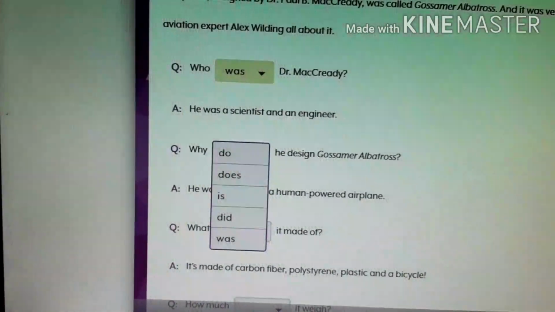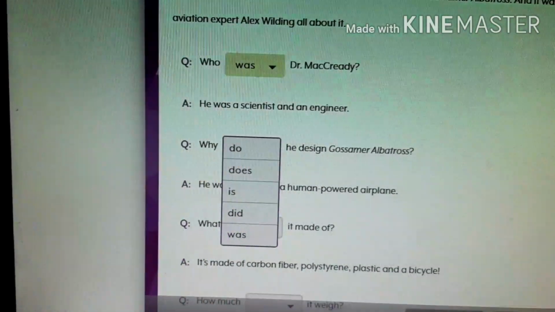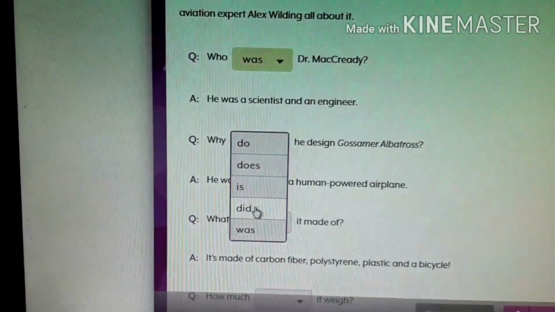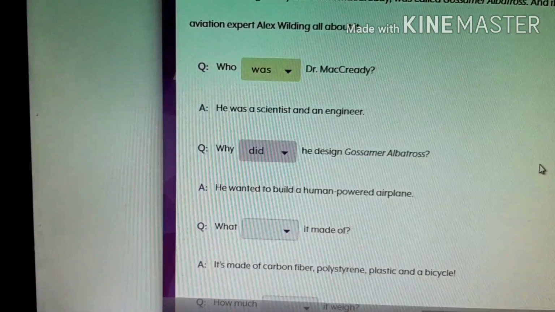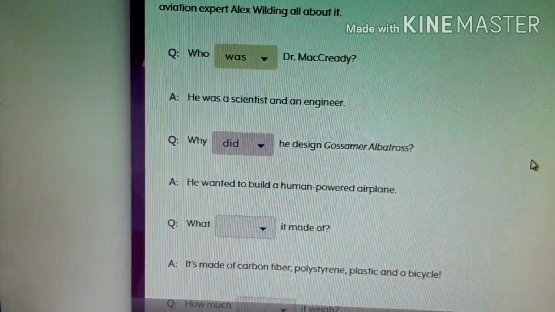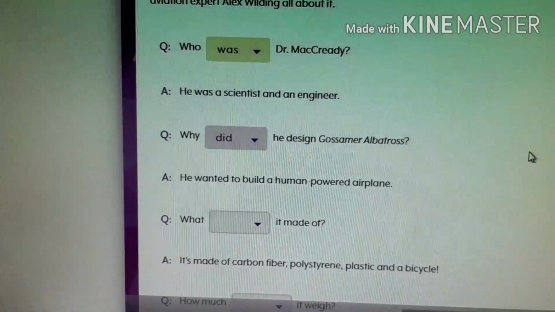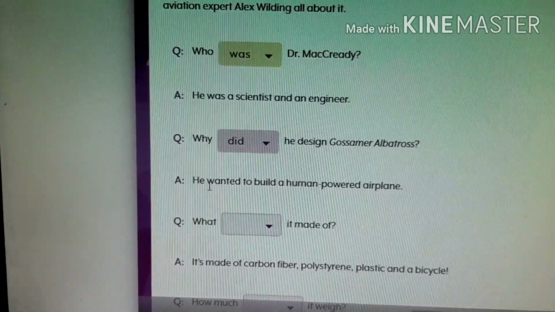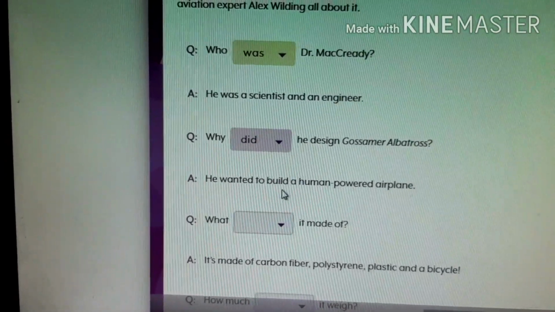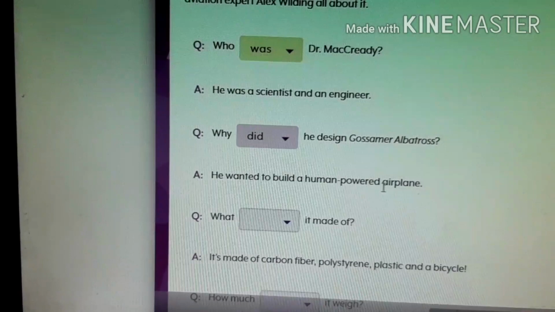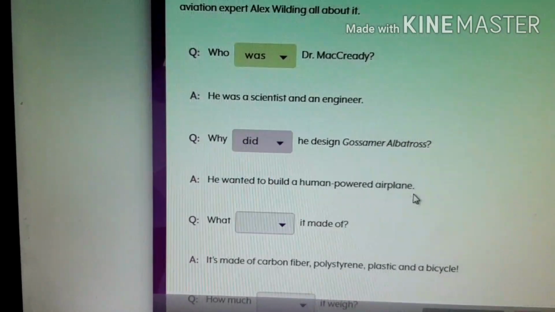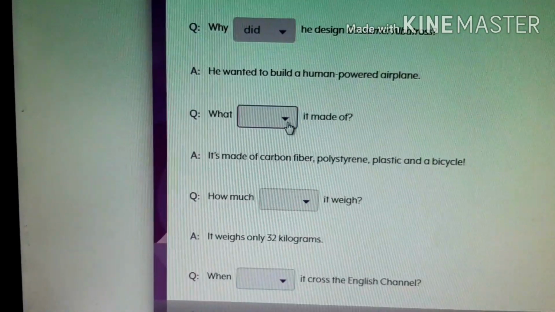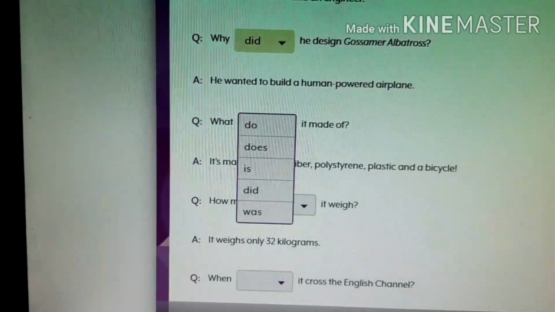Next one, number 2. Why? What is the correct option? Why did? Very good. Why did he design Gossamer Albatross? The answer, he wanted to build a human-powered airplane. Okay, take notes. Next, number 3.